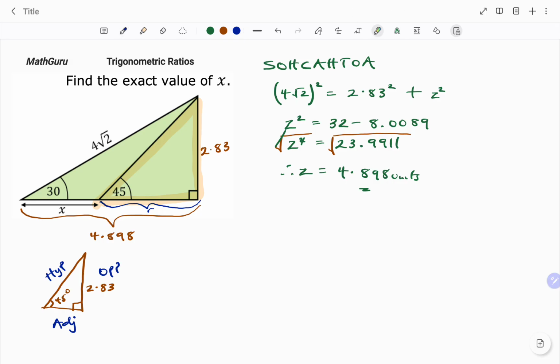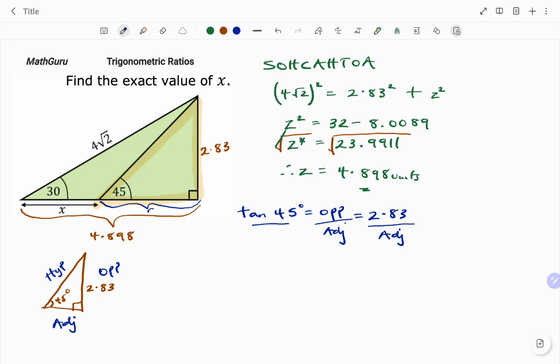To determine the trig ratio to use, because I'm looking for my adjacent and I already have my opposite, the trig ratio that uses opposite and adjacent will be my tan. So therefore, I have tan of the angle, 45 degrees, equals opposite over adjacent, which in this case is 2.83 divided by my adjacent.